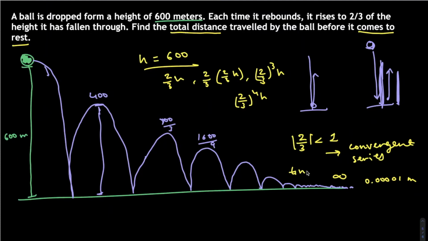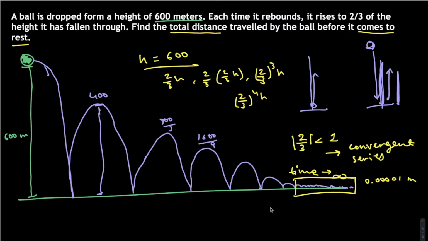Time is tending to infinity. This means that it's going to go on forever. But at infinity, the height that it bounces is so tiny, it doesn't matter. Even if we exclude all this data, it will hardly affect it.